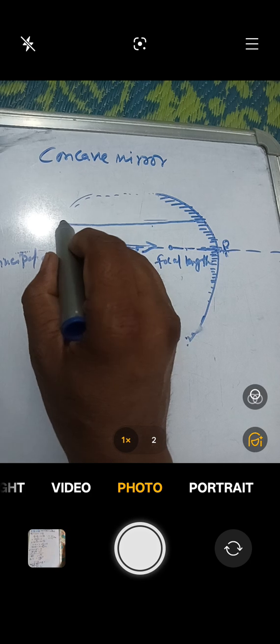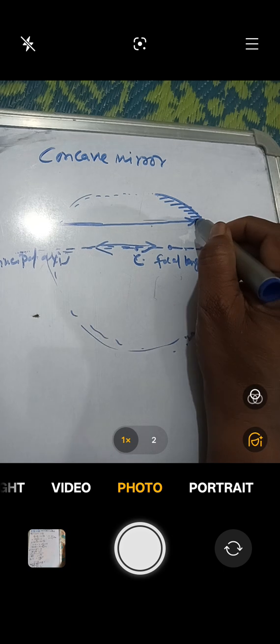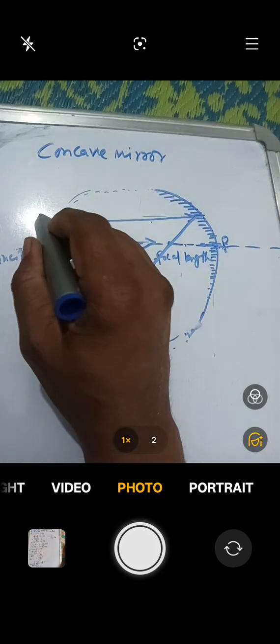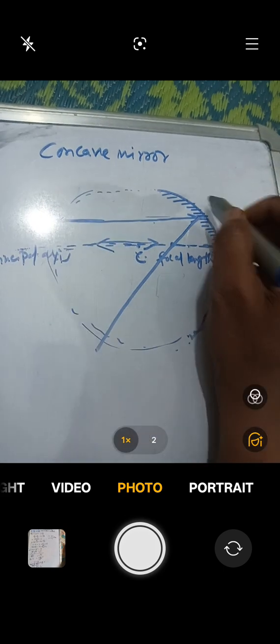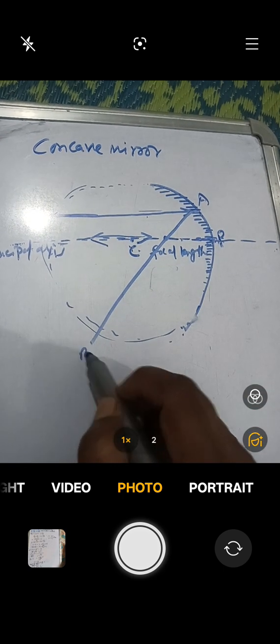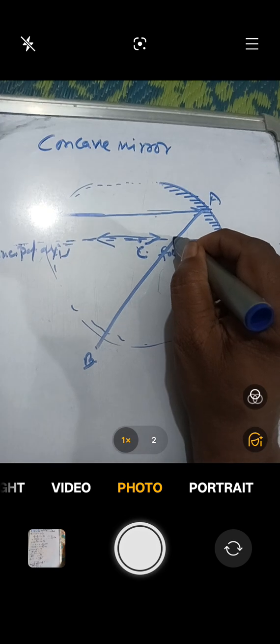What happens? This incident ray falls on the mirror and is reflected. If this is the incident ray OA, the reflecting path is OAB. This point is to be noted later on.